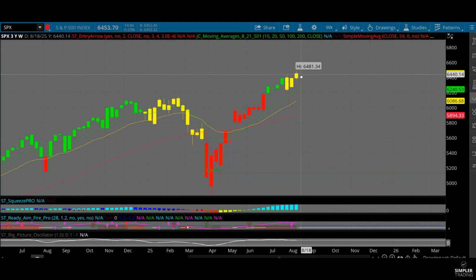It's a short setup against the high. And the targets would be pretty significantly lower, at least down to 6,100, and maybe even lower, like 6,000.